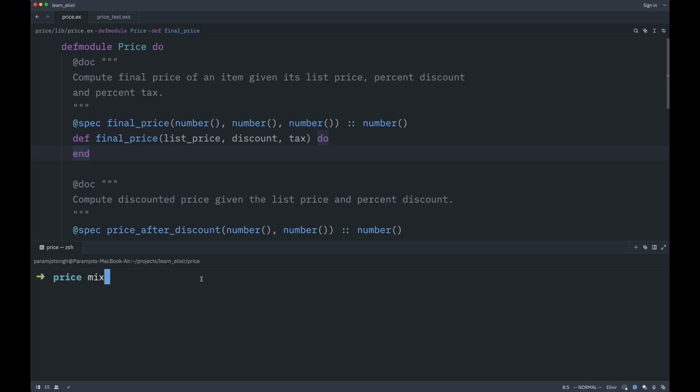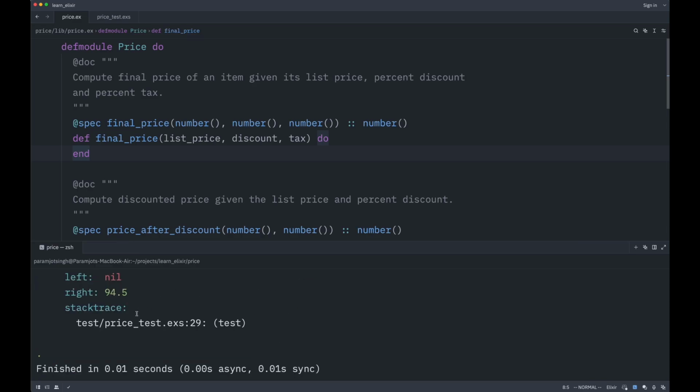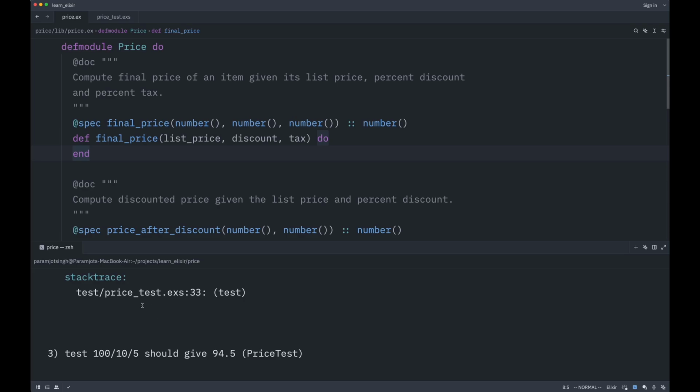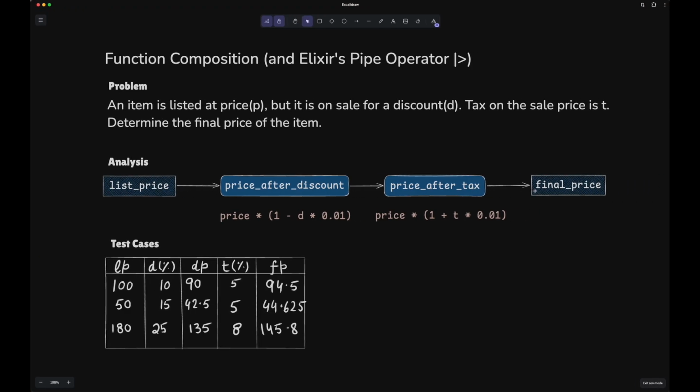If I run my mix test right now, I will see that I have 9 tests and 3 of those fail, and those are the final price tests that we have not implemented yet. Looking back at our drawing board, we'll note that the final price is basically pulling in the information starting with the list price and going through these transformations.